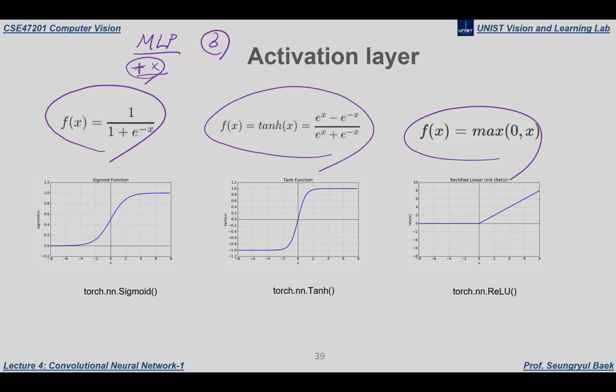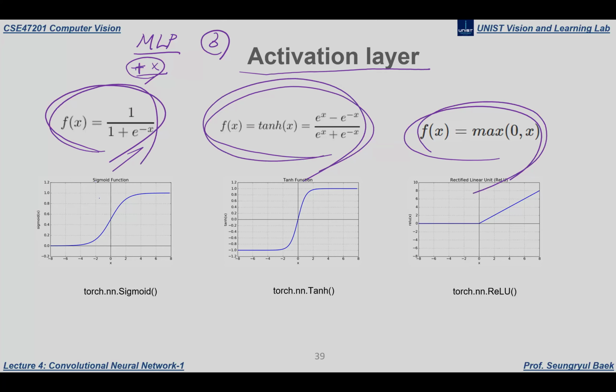Okay, this is actually a linear operation, so they cannot solely represent some nonlinear mapping between the input and output. So because of that, in CNNs, they also use nonlinear activation layers in between the convolutional layers. Okay, and these three functions are widely used actually.